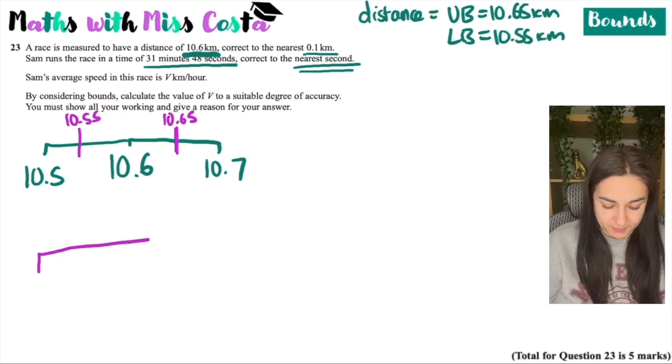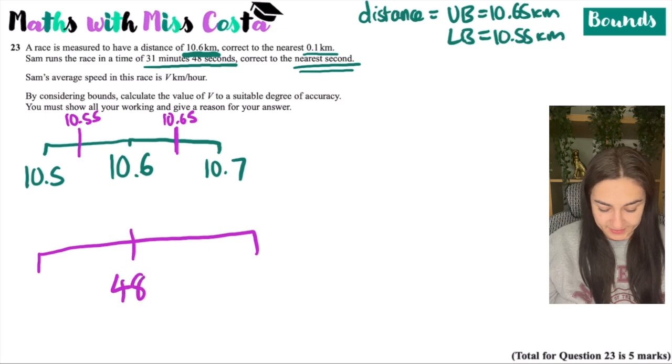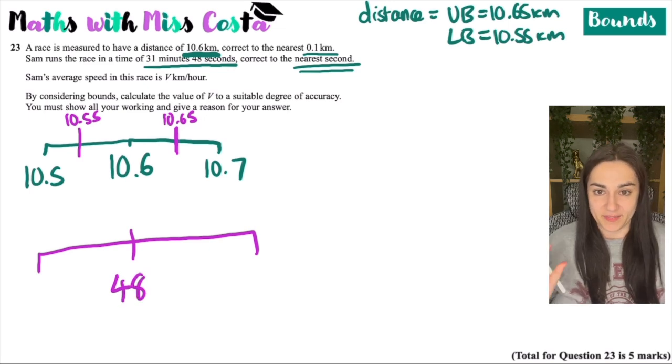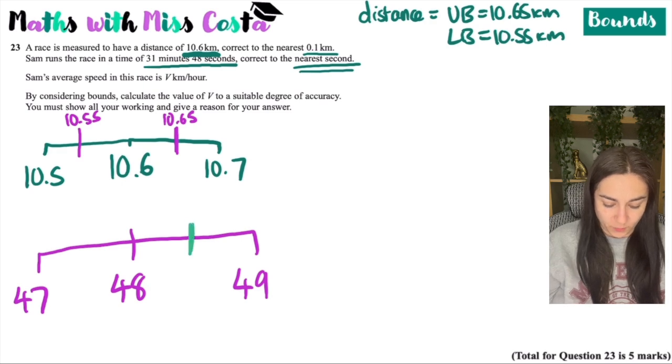Now I want to do the same thing for time. So I know that Sam runs the race in 31 minutes 48 seconds. So let's just round the 48 seconds bit and then we'll add it onto the minutes. So 48 seconds, what are the seconds surrounding that? That would be 49 and 47. So what would the maximum upper bound be?